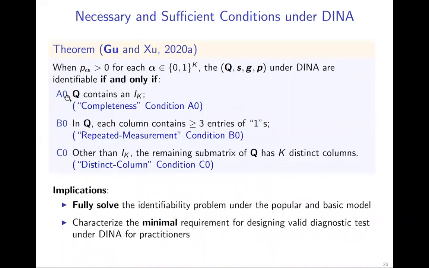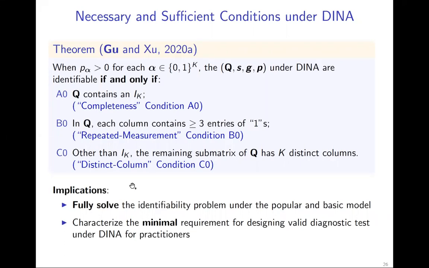So I will also call the condition A0 a completeness condition, because it shows that the test needs to be complete in that it should require all the scales solely by some item. And the condition B0, I will call it the repeated measurement condition, because it requires each scale to be measured at least 3 times throughout the exam. And condition C0, I will call it the distinct column condition. I will revisit this concept later.